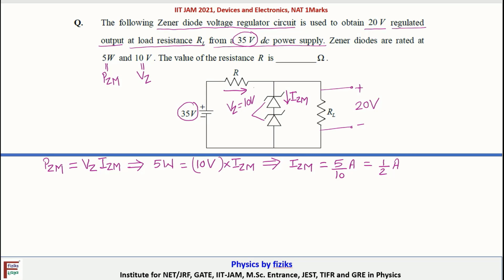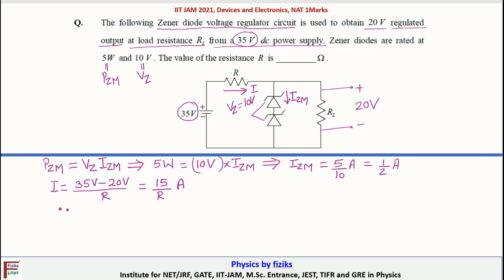Now, if this current is I, the current through resistor R is given by, what will be the voltage drop across R? That will be 35 volt minus 20 volt, divided by R. So this will be 15 by R. Let's say if R is in ohm, so this much ampere.